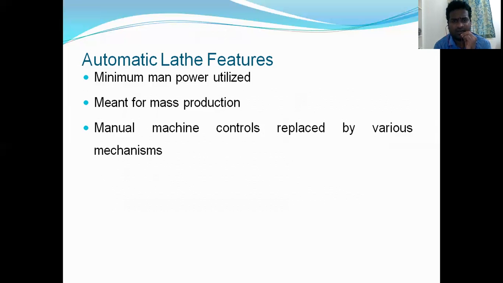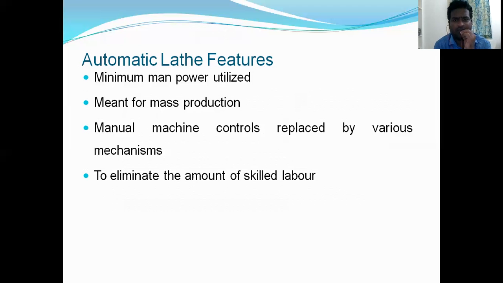Some of the controls that were manually operated are also replaced with different types of mechanisms in automatic mode, right? This eliminates the amount of skilled labor. In the conventional machine, if you want precision work or accuracy, we need skilled labor, some experienced person, while doing the operation.